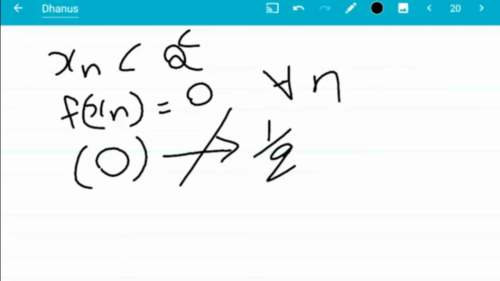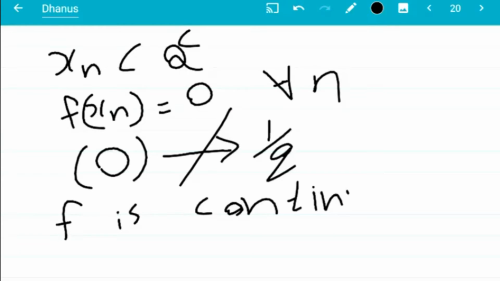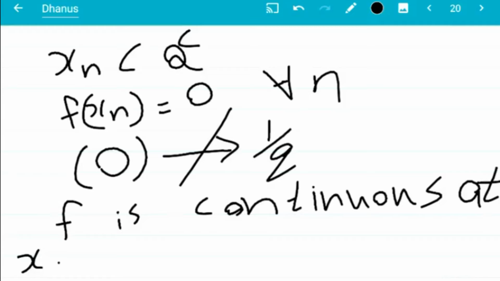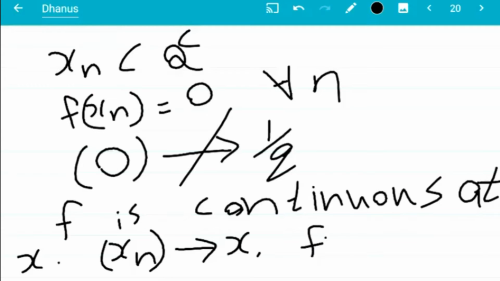Suppose we need to prove a function f is continuous at x: we can find that for any sequence xn that converges to x, then f of xn should converge to f of x.